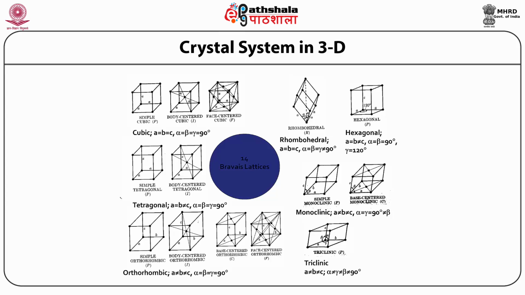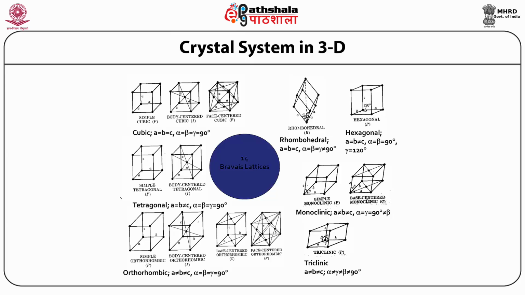Rhombohedral has all the sides equal, and all the angles, that is alpha, beta and gamma, are equal but they are not equal to 90 degrees. Rhombohedral exists in only one form, whereas orthorhombic exists in simple, body-centered, base-centered and face-centered. Next is hexagonal.